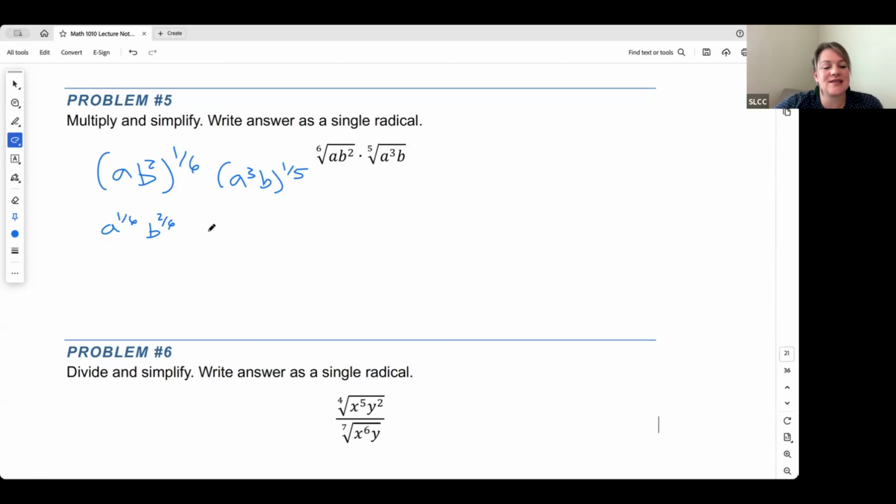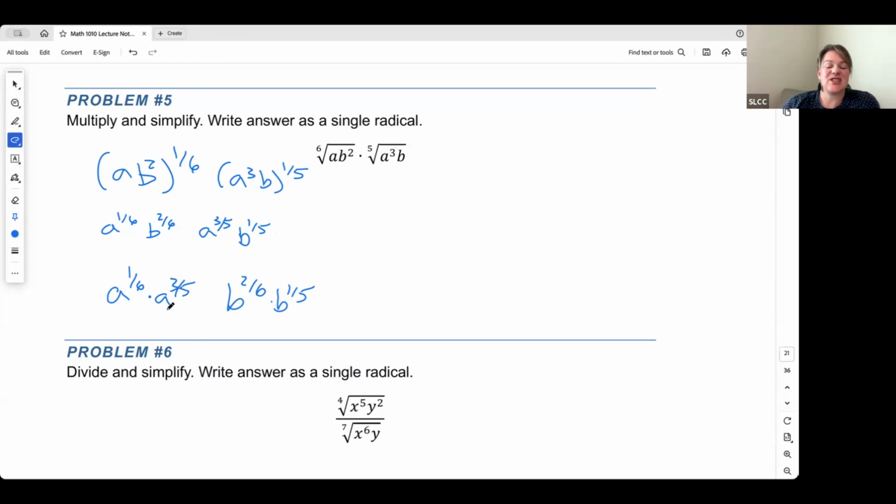This next term is a to the 3/5 times b to the 1/5. Now I want to combine my a's and combine my b's. That's the simplifying part, right? So a to the 1/6 times a to the 3/5, and then b to the 2/6 times b to the 1/5.